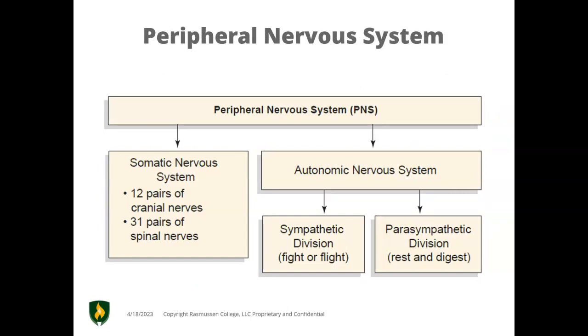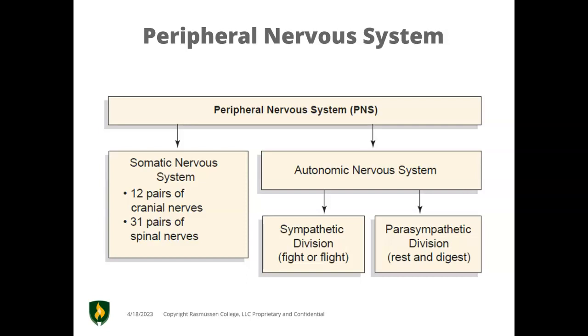So, as if this system isn't confusing enough, the peripheral nervous system breaks down even further into what we call the somatic and autonomic nervous systems. So we just discussed that the peripheral nervous system has 12 pairs of cranial nerves and 31 pairs of spinal nerves.